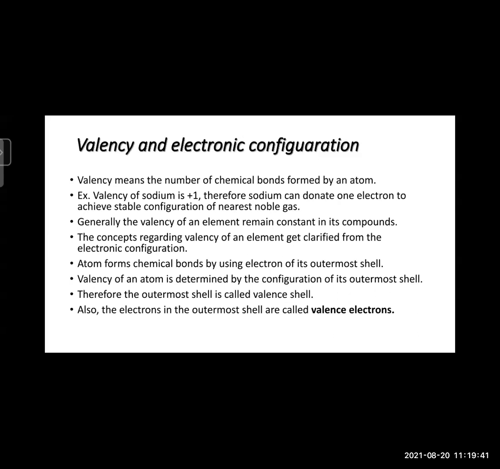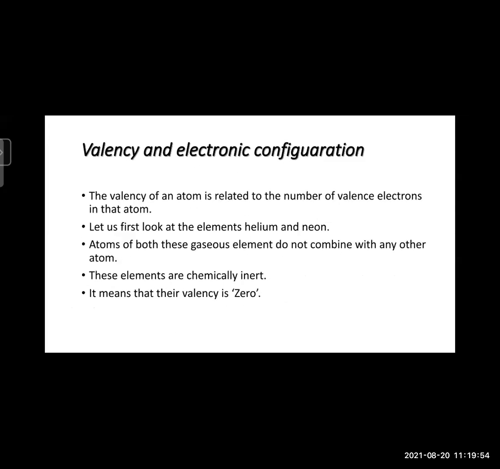Therefore, the outermost shell is called the valence shell, and the electrons in that outermost shell are called valence electrons. So now it will be easy to understand valency. The valency of an atom is related to the number of valence electrons, which are present in the outermost orbit, called the valence shell.